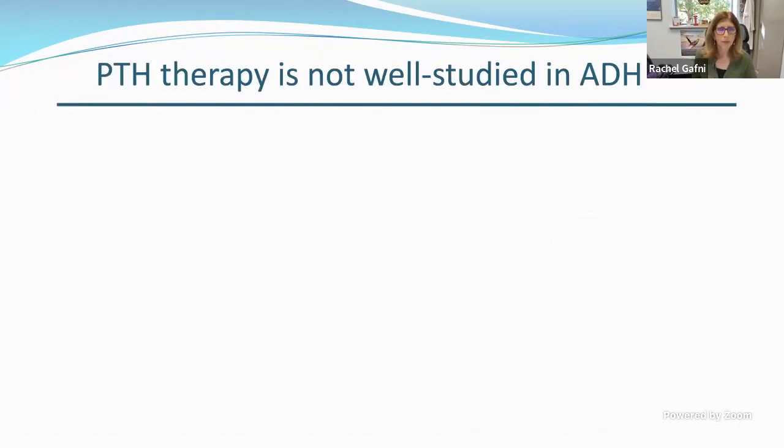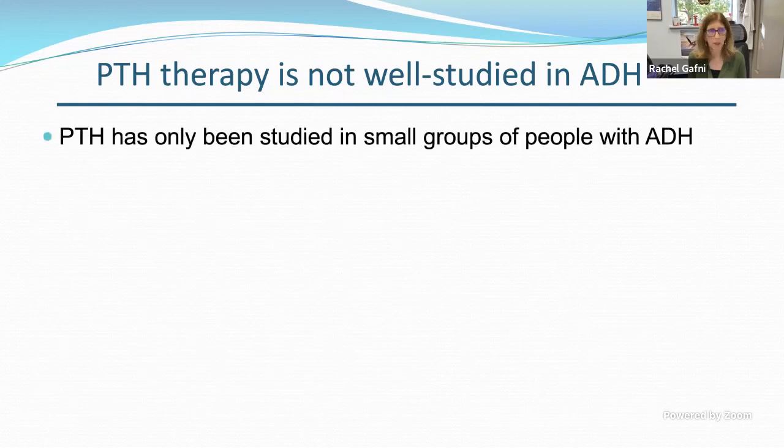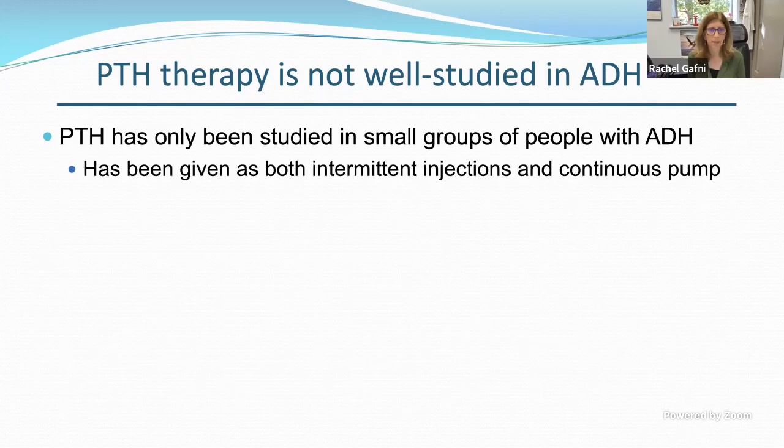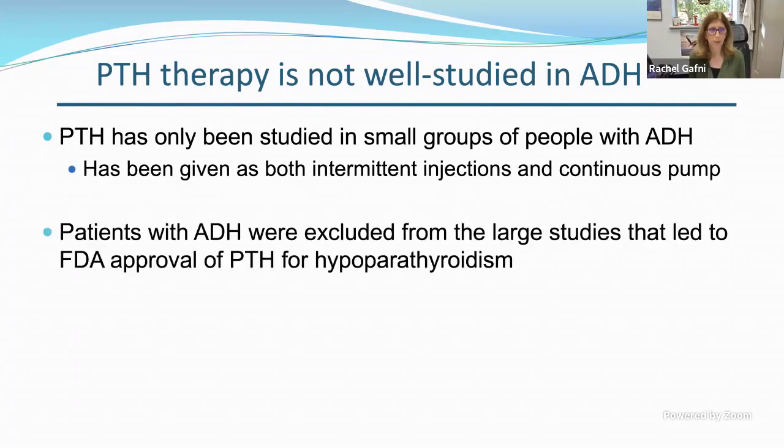But the truth is that PTH therapy is not well studied in ADH. Really, PTH has only been studied in small groups of people with ADH, both by intermittent injections and continuous infusion pump.